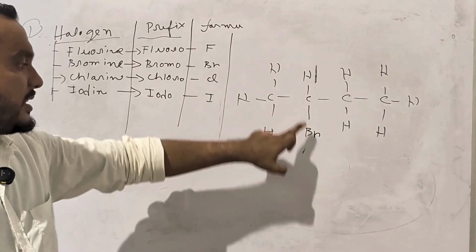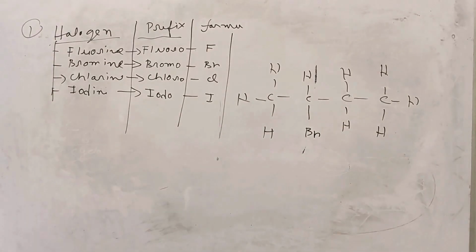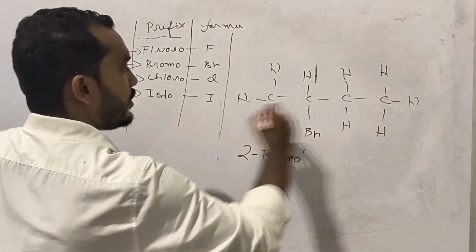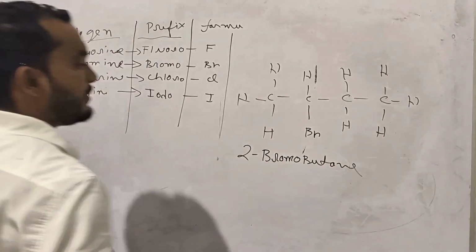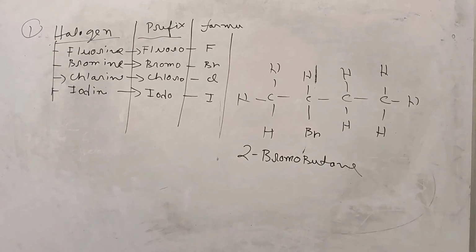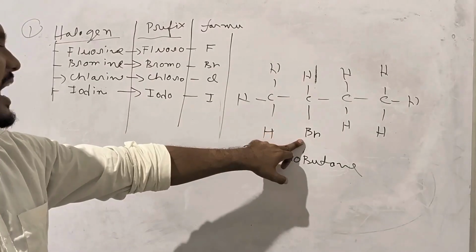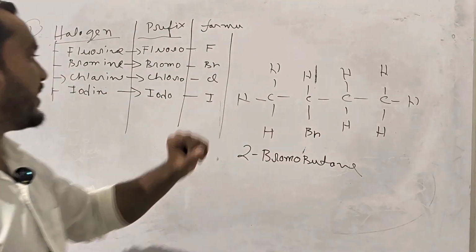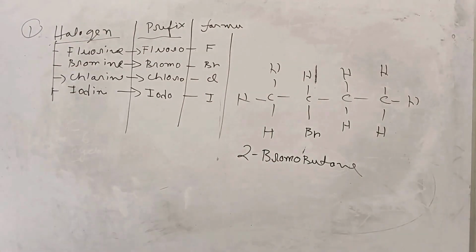Since this functional group is at the second position in this carbon chain, 2-bromo, and 4 carbons, so butane: 2-bromobutane. If here is Br, bromo; if there is I, iodo, iodobutane. If there is F, 2-fluorobutane. If there is Cl, 2-chlorobutane. So in this way it will go.